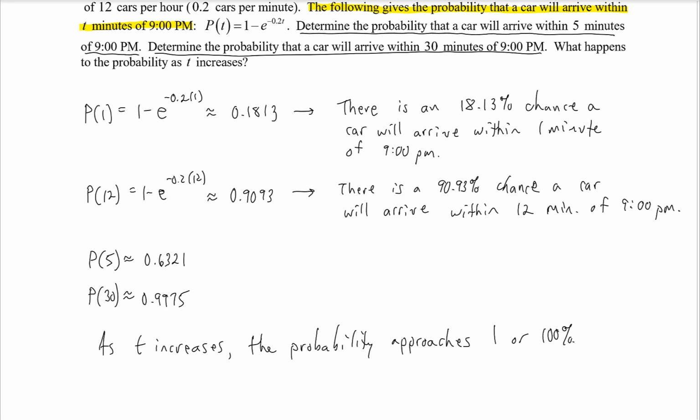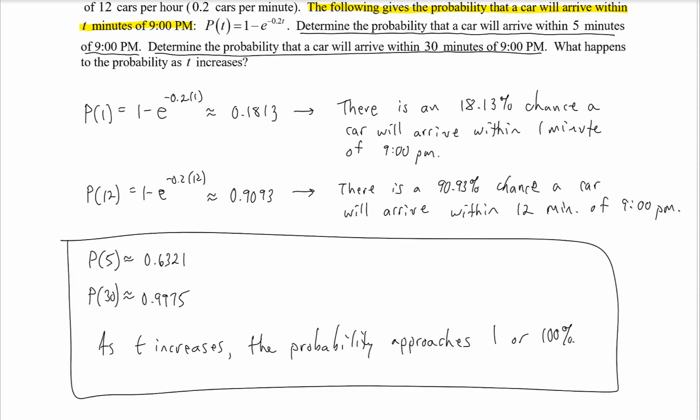So if you wait long enough, you're going to get a car. So the longer you wait, the higher the probability is a car is going to show up. So that's just one example where the base of e is used to tell us something important about the world around us.